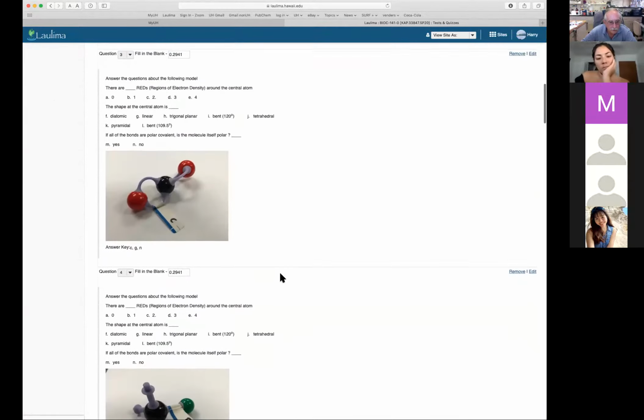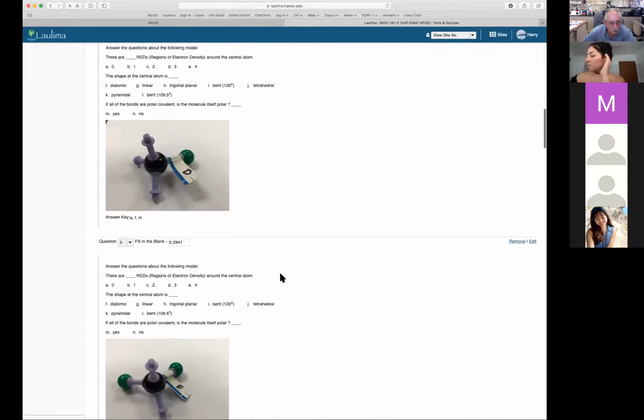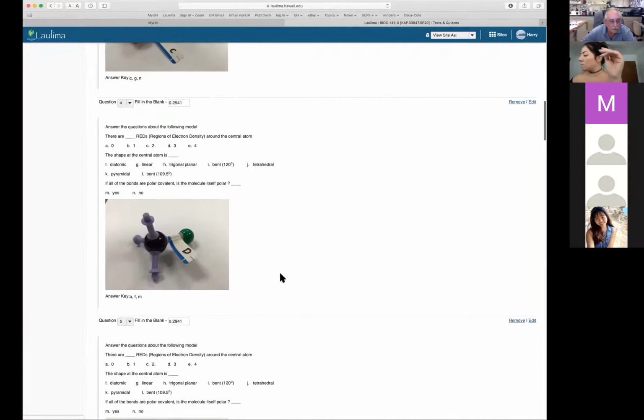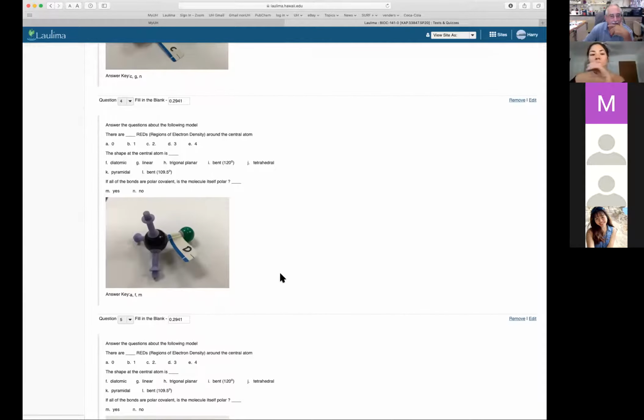Okay, so homework, number 4 you were talking about, right? How many regions of electron density around the central atom? 0, because there is no central atom. That's right. I want to ask if it is polar or nonpolar.